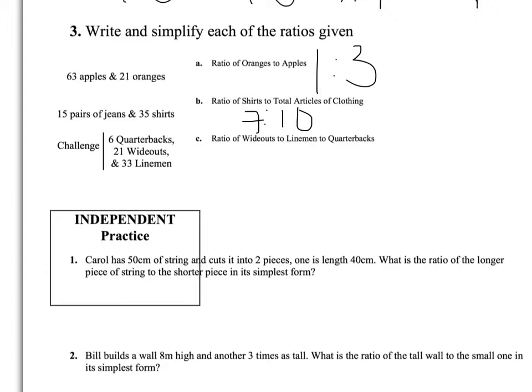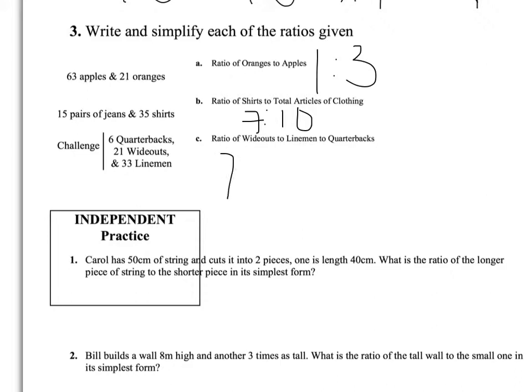I had 35, 70, 50. Okay, so you had 35 shirts and then 50 total pieces of clothing, and then what'd you do? Then divide them by 5. And you divided both by 5. Good. 35 divided by 5 is 7. 50 divided by 5 is 10. Perfect.